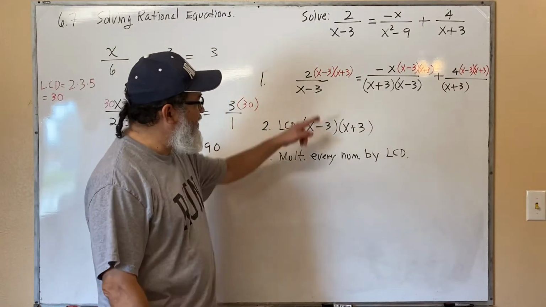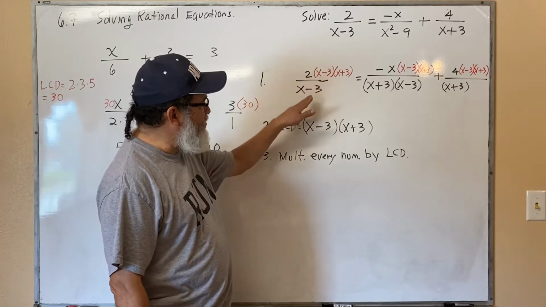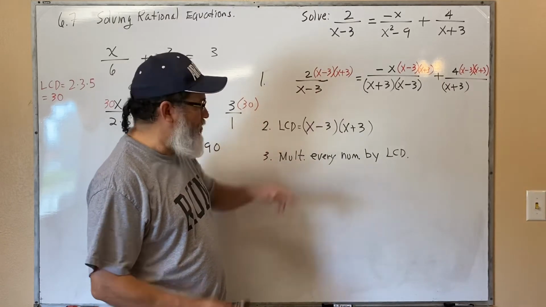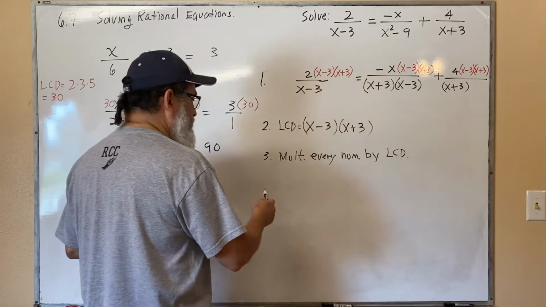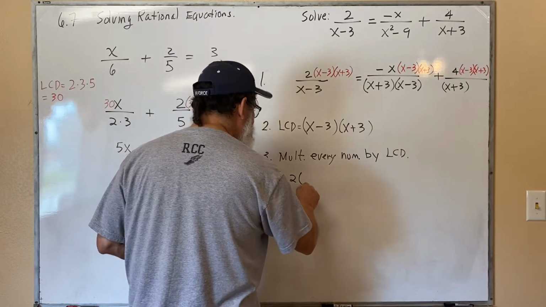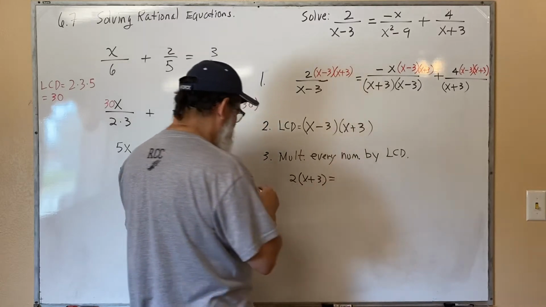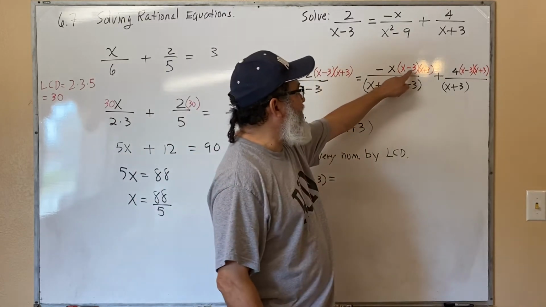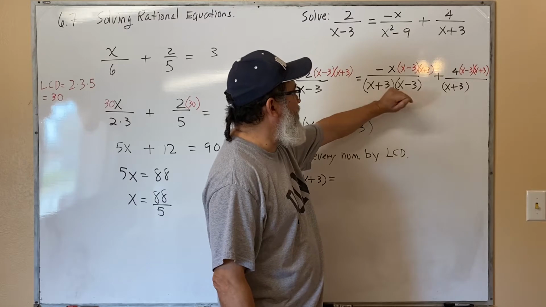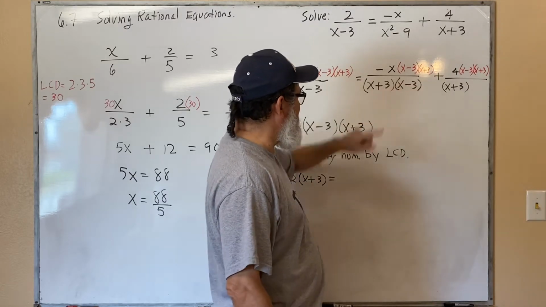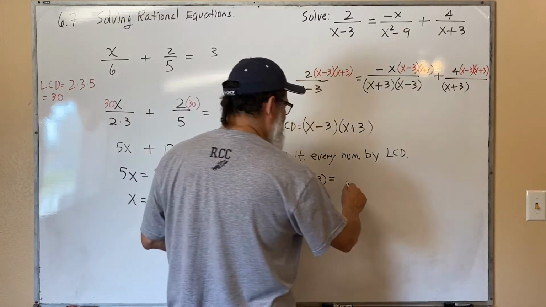Watch this. This x minus 3 cancels this x minus 3. So what do you get? 2 times x plus 3 equals, this x minus 3 cancels this x minus 3 and this x plus 3 cancels this x plus 3, so what do we get?